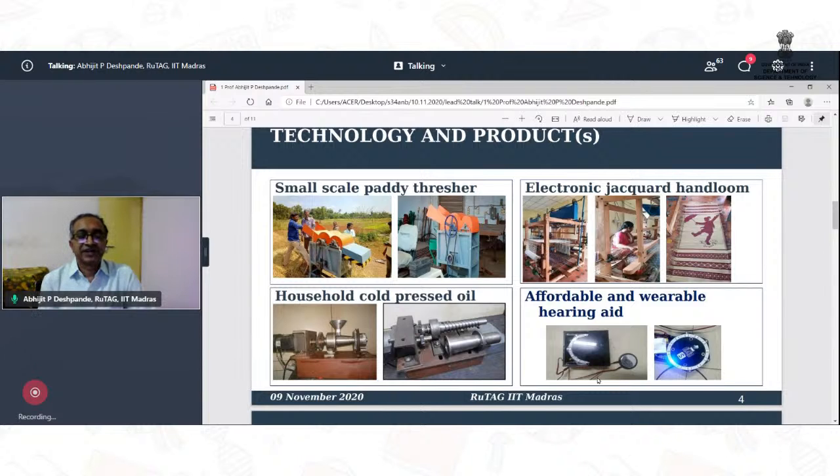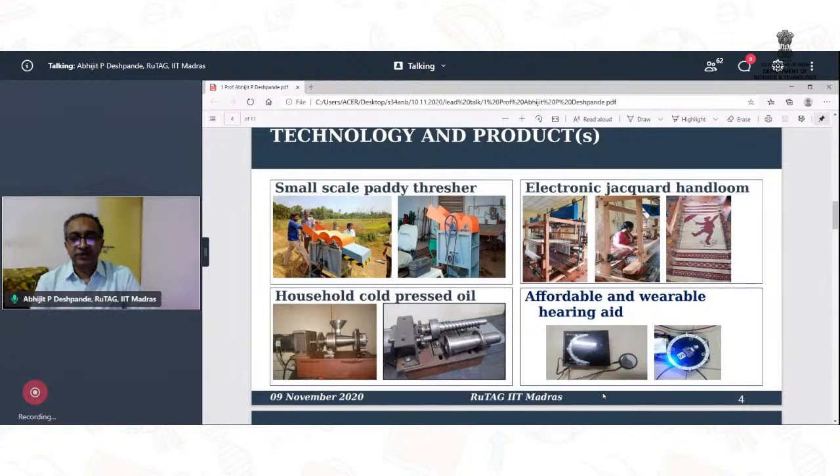We have tried this over 7-8 crops in different locations in Kerala and Tamil Nadu. That's the status: we have the 0 and 1 versions, and now the second generation threshers are being manufactured.